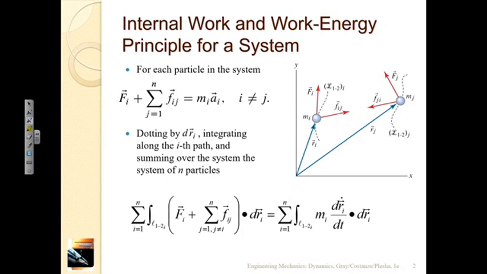So when we go do our sum of forces from this, equals mass times acceleration, that's our Newton's second law, we're going to have a summation over i equals 1 to n particles of our external forces plus a summation over the internal forces.